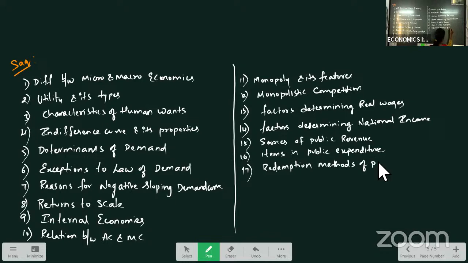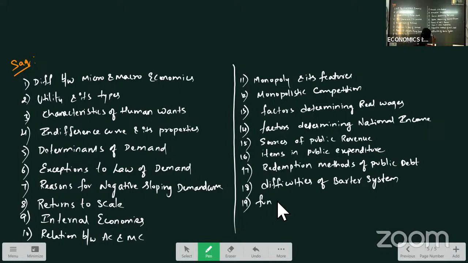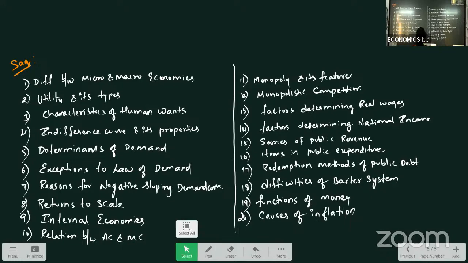Then, after that, you have to prepare difficulties of barter system, functions of money. Then causes of inflation.